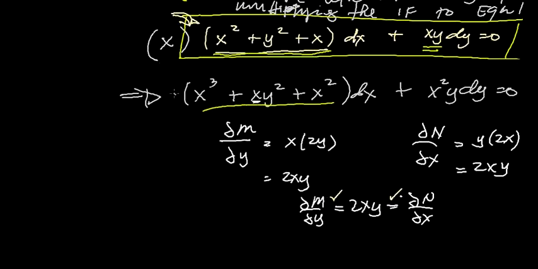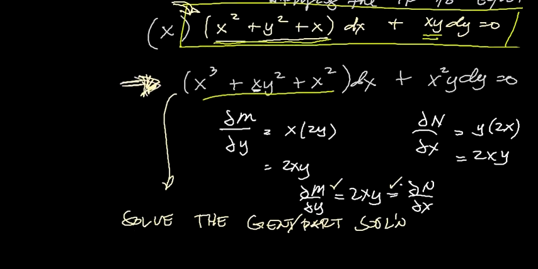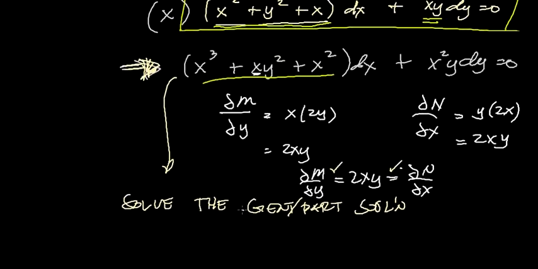And from this point, we can now solve the general solution or particular solution if we have a given condition. We can now solve this by doing the steps in exact equations.